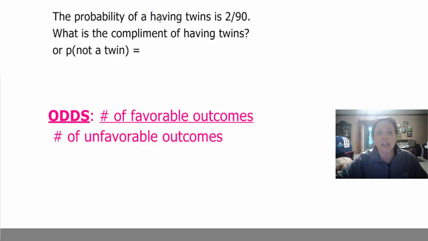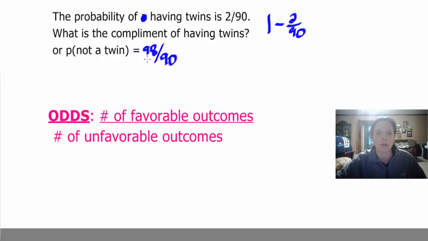So the probability of having twins is 2 out of 90. What is the complement of having twins? Another way to write that would be the probability of not having twins. So instead of 2 out of 90, it would be 98 out of 90. You can think of it as 1 minus 2 out of 90.